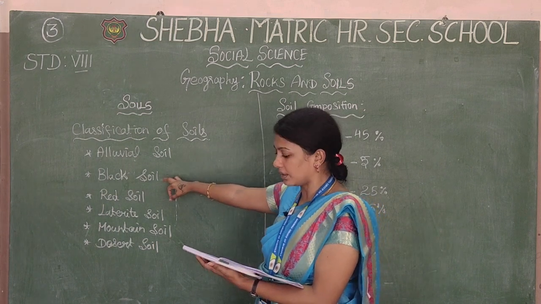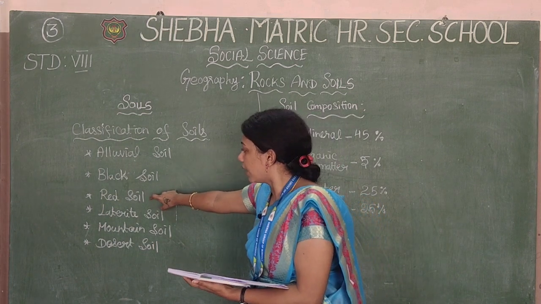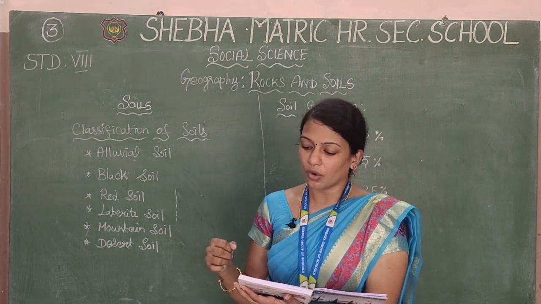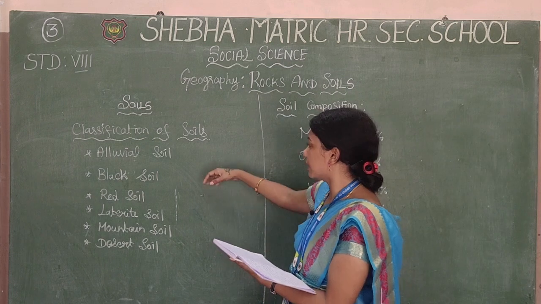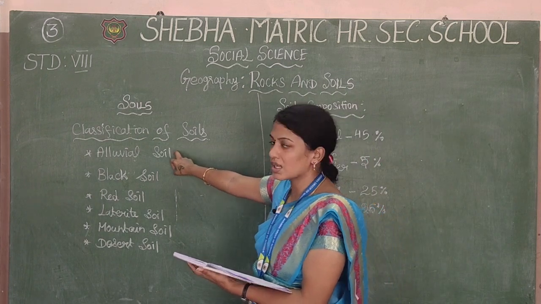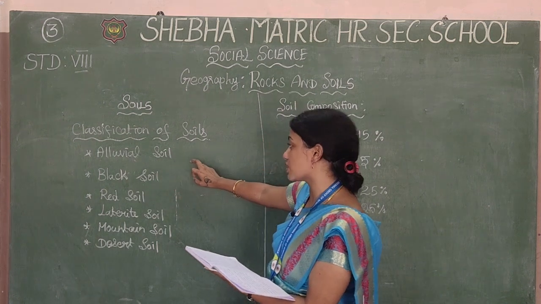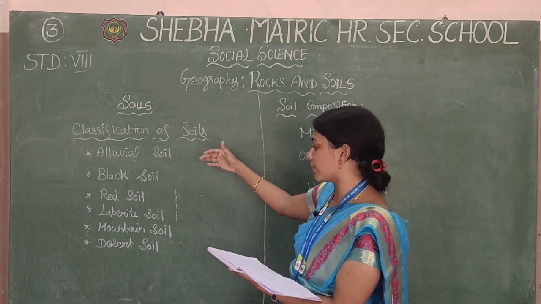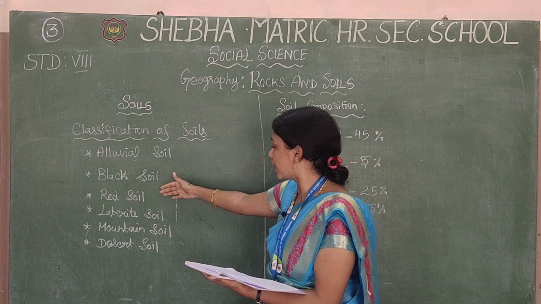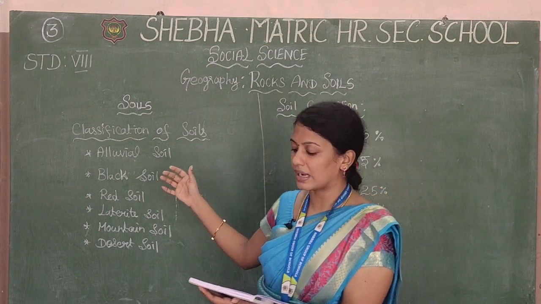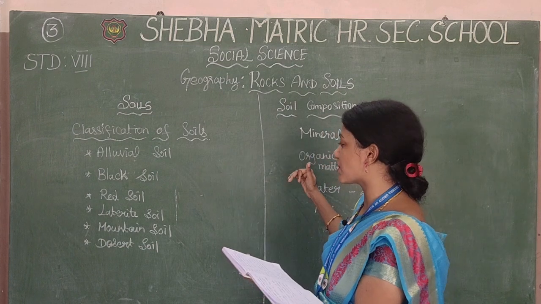Next is red soil, formed by the weathering of igneous rock. Next is the laterite soil, formed by the process of leaching.